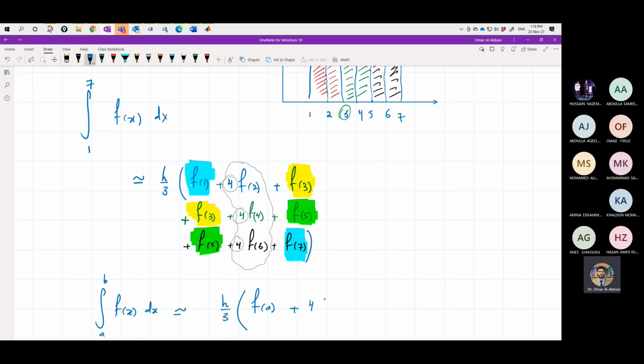So 4 times the summation of the function evaluated at the even points, plus the common factor between 3, 5, 7 and so on, each time they are 2. Which means they are odd points, right? And 2 times the summation of the function evaluated at the odd points plus the last limit. Okay? Plus the last limit.